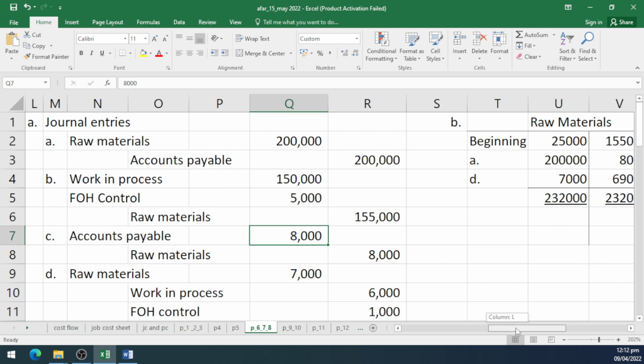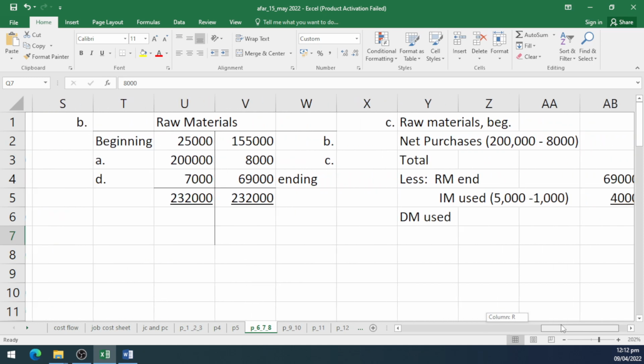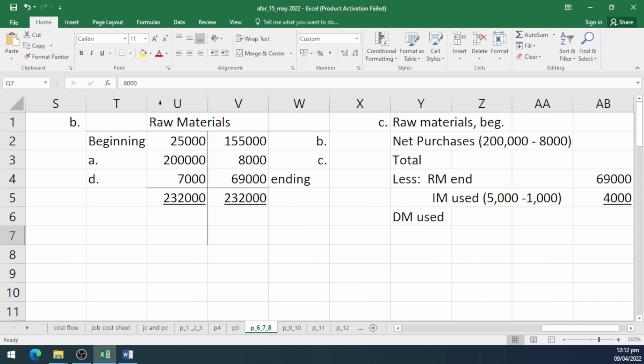Now, here is the T account for our raw materials inventory. So, the beginning is 25,000. In yung transaction letter A, yung purchases, debit 200,000. Yung transaction letter D, na nakadebit po yung raw materials doon sa return to storage department.